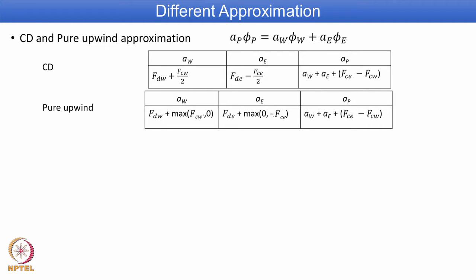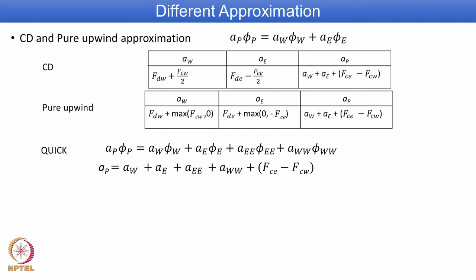For pure upwind, again AW, AE and AP are listed, and for the sake of convenience and to write down one generic formula, a condition is included in the coefficient as shown here. For example, AW is written here as FDW plus max of FCW comma 0, which means if the flow direction is from left to right, then it is positive with respect to the coordinate direction, and the max of this condition will result in considering FCW.